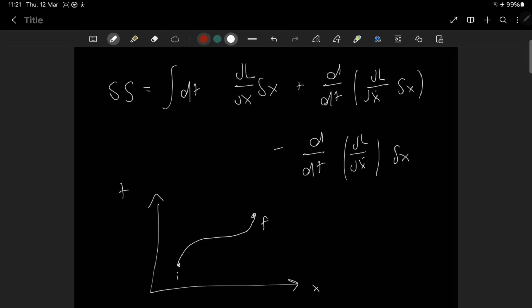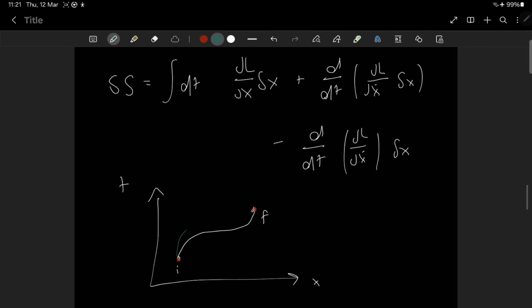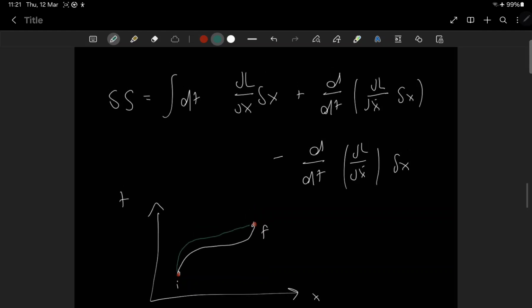Now this point and this point are fixed, so when we take the variation, we actually look for different variations of the path. So we have here delta x.